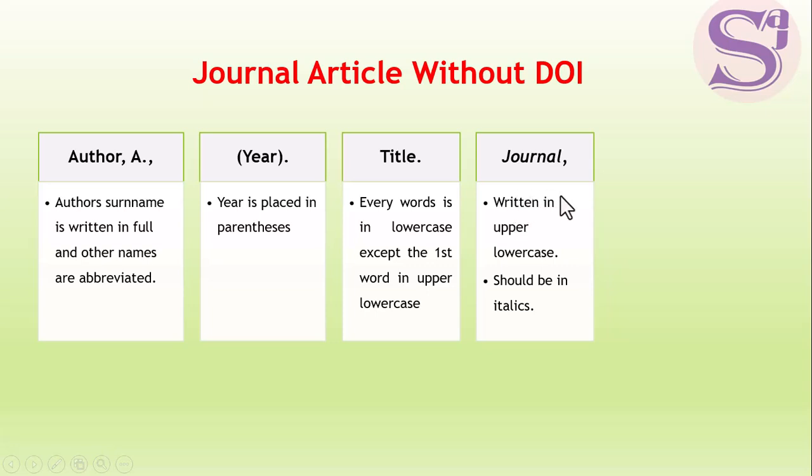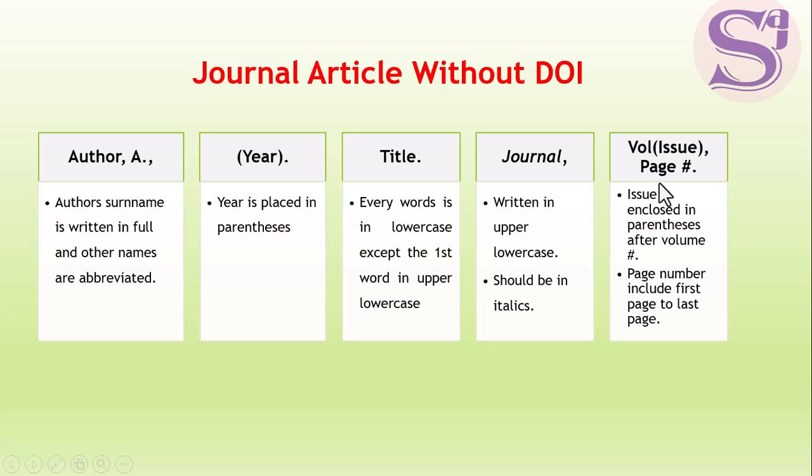Then the journal name, which is written in title case and should be italicized. Then the volume number, then the issue number in brackets, separated by a comma, then the page numbers. The issue is enclosed in parentheses after the volume, then the page range includes the first page to the last page.